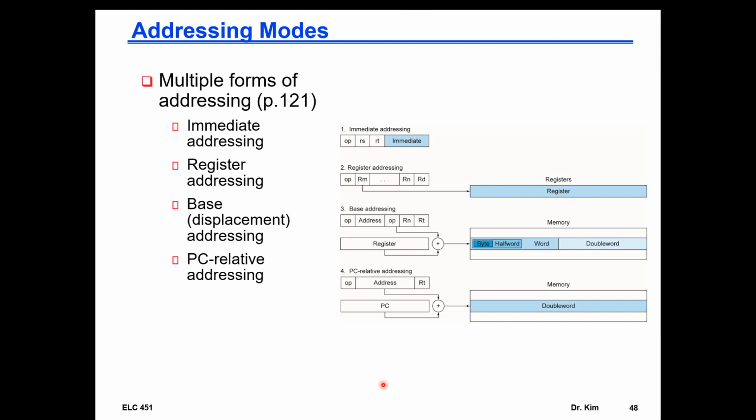So let's look at the addressing formats available in the ISA, in the reduced ISA of the ARM processor that we're going through. The first one is called immediate addressing. So immediate addressing refers to the fact that the operand is built into the instruction.